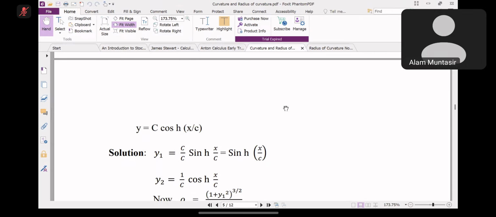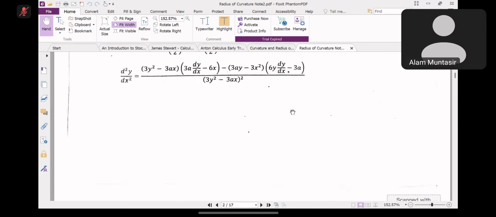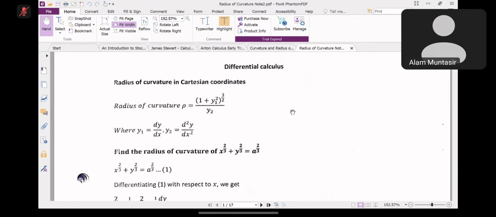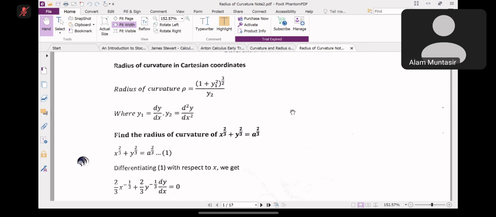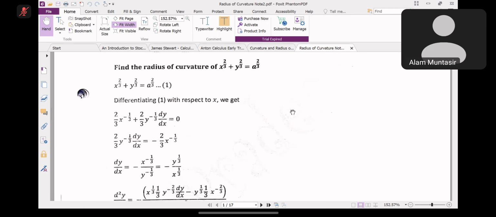And for practice purposes, I have provided one more PDF file, which is giving you some additional examples. But the thing is, you should rely on the formula. Okay, if you know the formula, then you can use the formula to get the values.